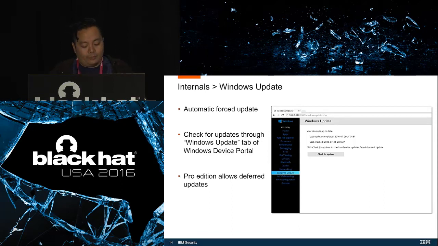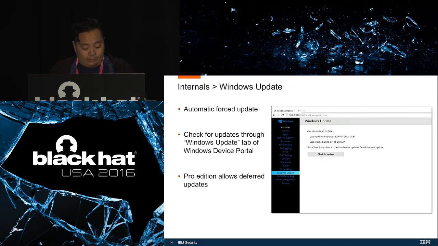So the Windows Update feature solves this problem for devices running Windows 10 IoT Core, as it was added in an Insider Preview a few months ago or earlier this year. But updates occur automatically and it can't be disabled. Just like, I think, Windows 10 Home Edition does that too. It updates automatically.